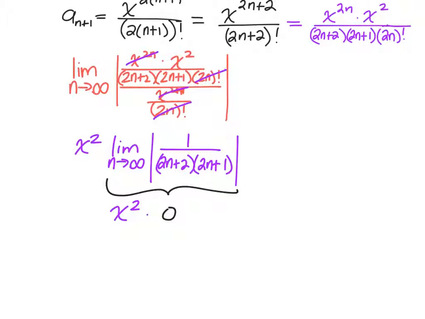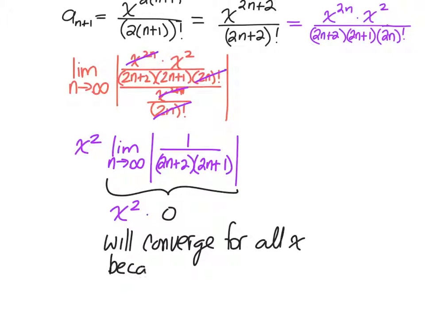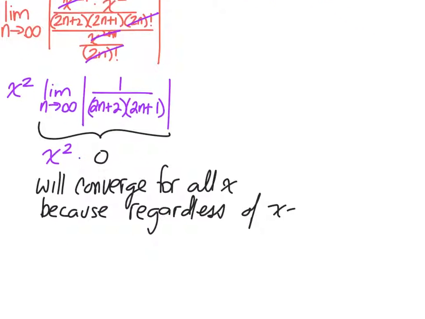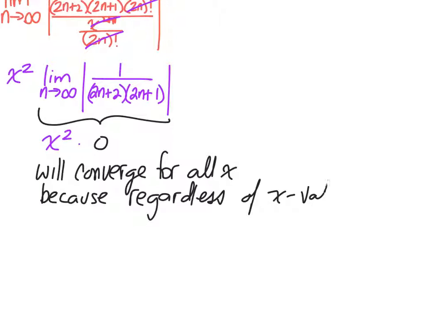But for the popular Maclaurins, we could expect them to be, because that's the whole point behind them, right? So it will converge for all x because regardless of x value, the limit will be less than 1 by the ratio test.